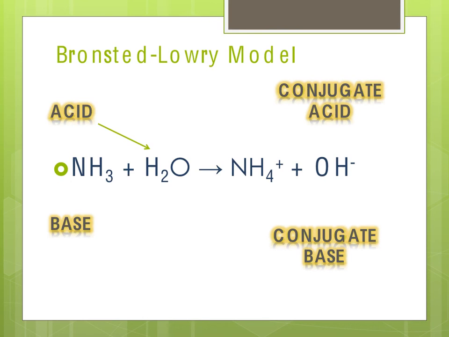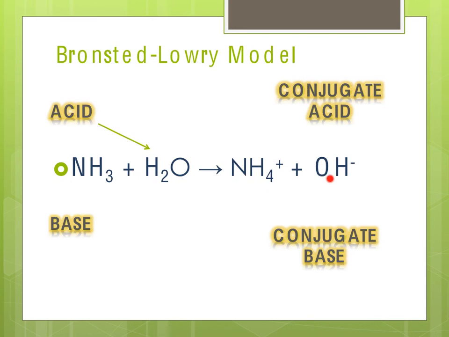The acid is obviously the one that has the extra hydrogen here. We know that H2O is going to be the acid. It's the one that's going to donate a hydrogen. Our Bronsted Lowry model tells us that hydrogen donor is the acid. Well, the NH3 gained a hydrogen, so it definitely didn't donate one.